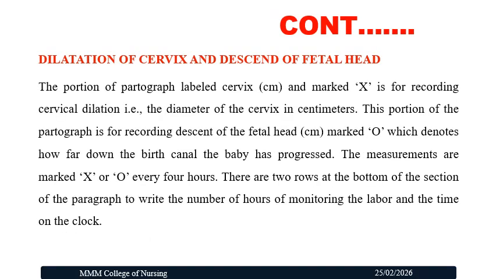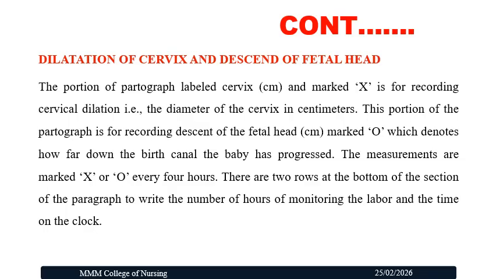Next component is dilatation of the cervix and descent of fetal head. Dilatation of the cervix is represented in centimeters in the X form. The fetal head is descending, moving in a downward direction, and it has to be represented in the form of O, that has to be shaded.